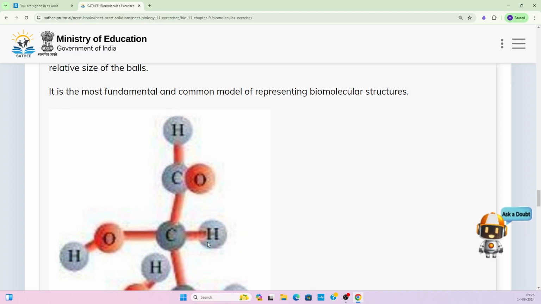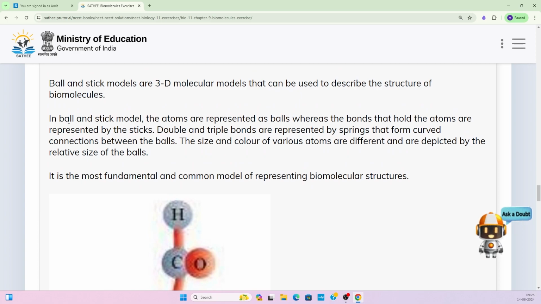In the ball and stick model, the atoms are represented as balls, whereas the bonds that hold the atoms are represented by sticks. So bonding is represented as sticks, whereas the atoms are represented as balls.